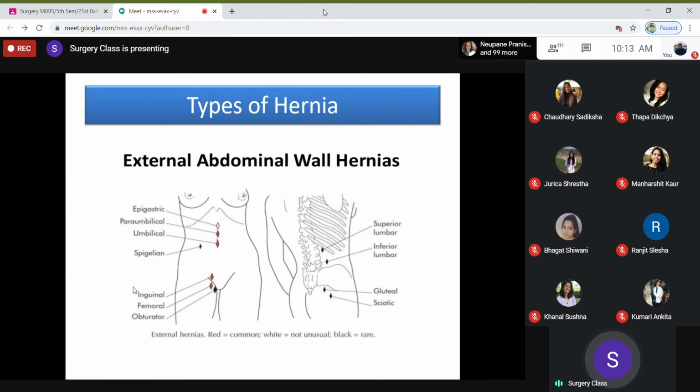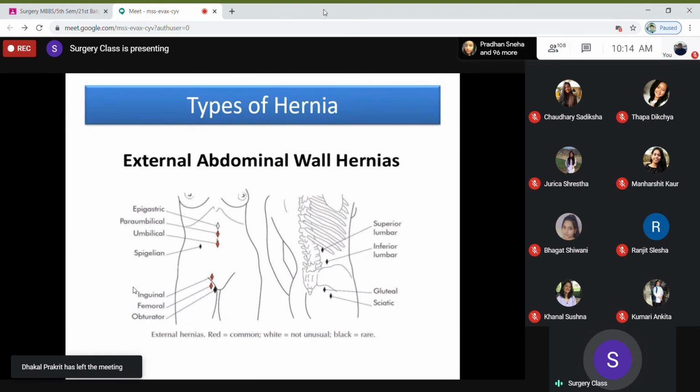That might be superior or inferior to the umbilicus. There is Spigelian hernia. This is a typical intermediate type of hernia. It's very difficult to diagnose. Inguinal hernias, femoral hernias, obturator hernia anteriorly, and there might be lumbar hernias that could be either superior or inferior lumbar hernias. There might be hernia through the gluteal foramen or sciatic foramen, a gluteal hernia, sciatic hernia.